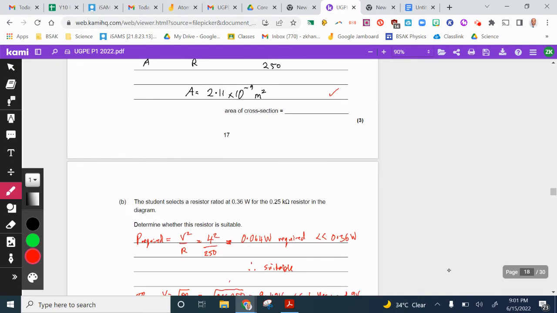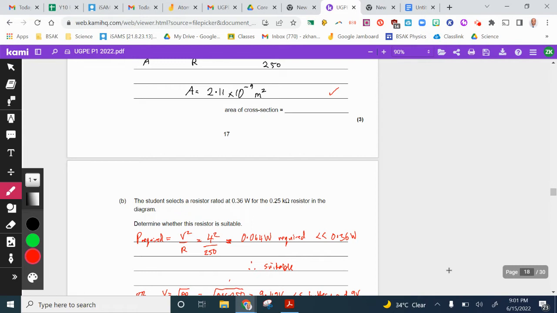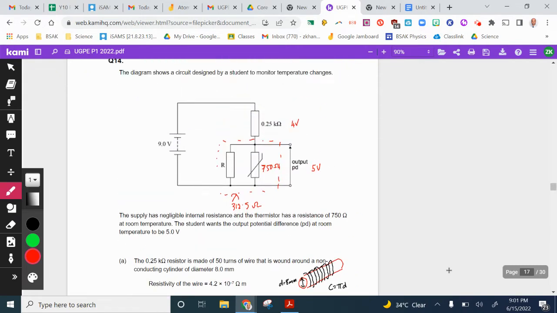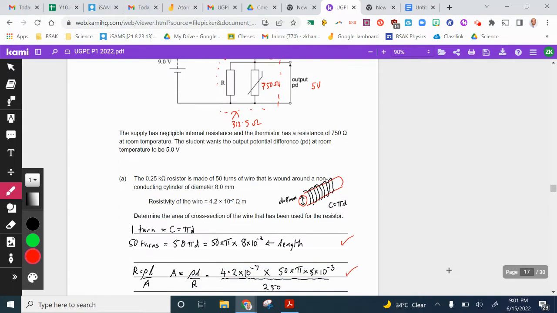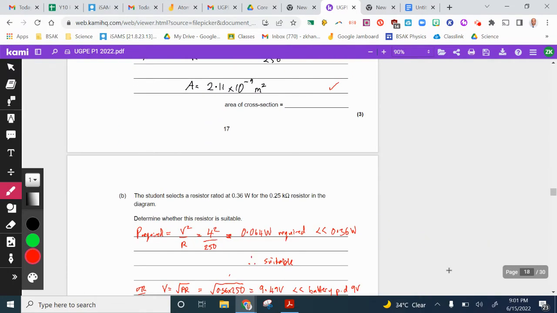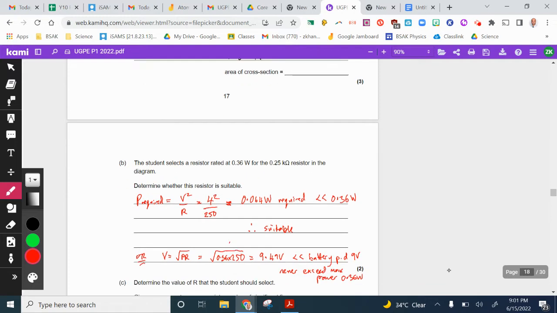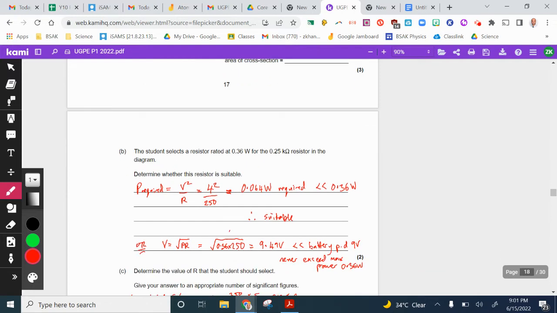Alternatively, you can find out what potential difference would be needed across the resistor for a 0.36 watt power dissipation. All I've done is rearrange this equation to get V equals the square root of power times resistance.